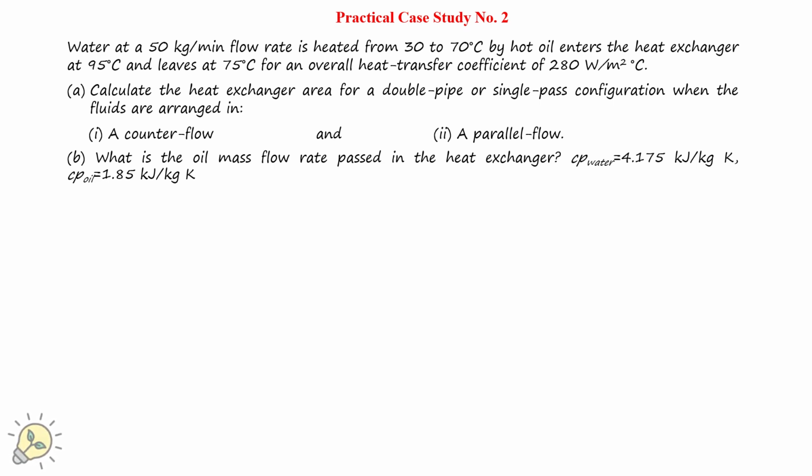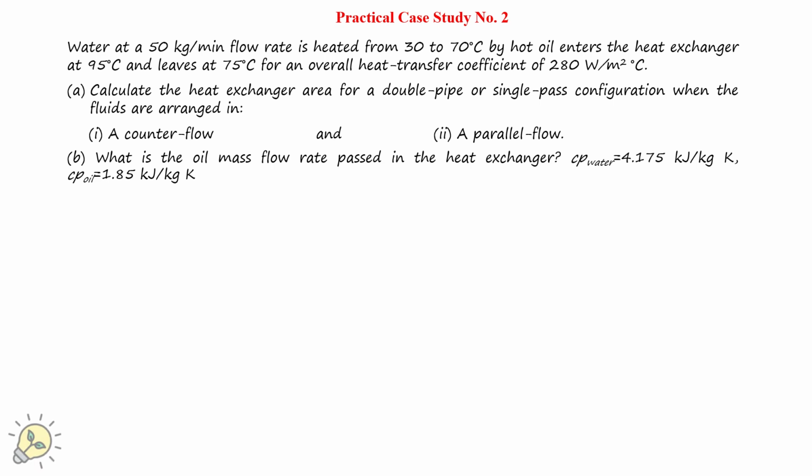Then the temperature at the exit drops to 75 degrees centigrade, and here we will take the overall heat transfer coefficient to be 280 watt per meter square degree centigrade.